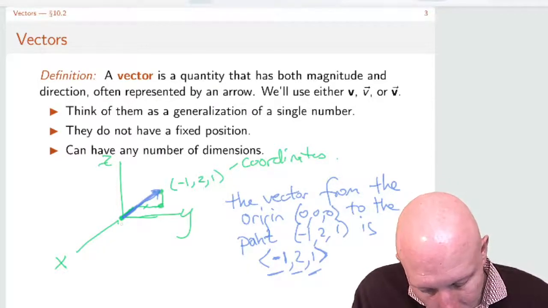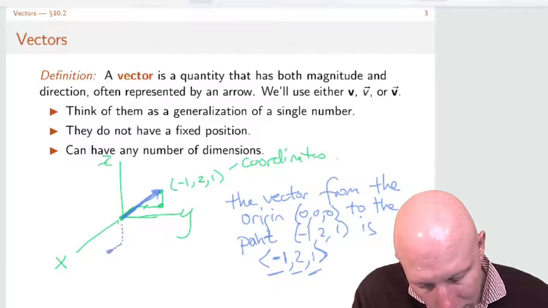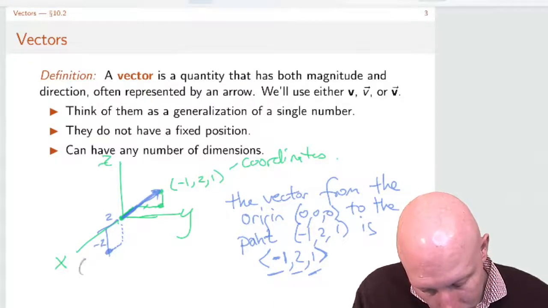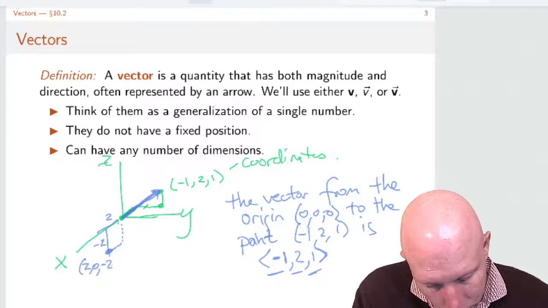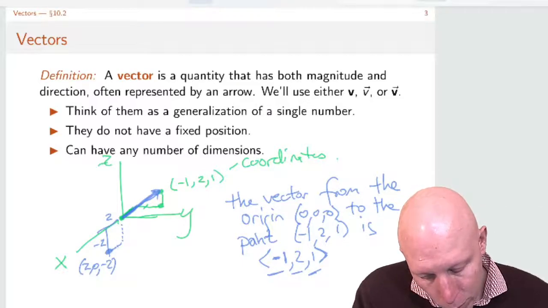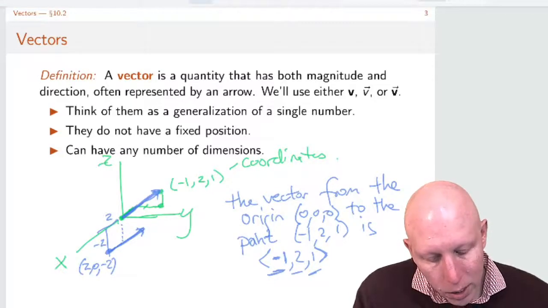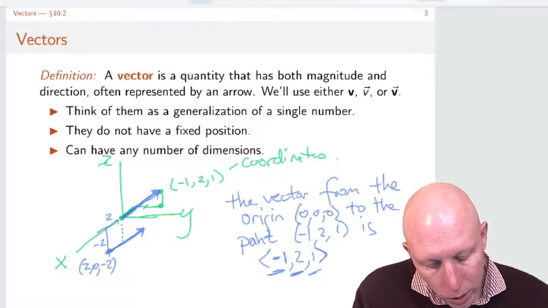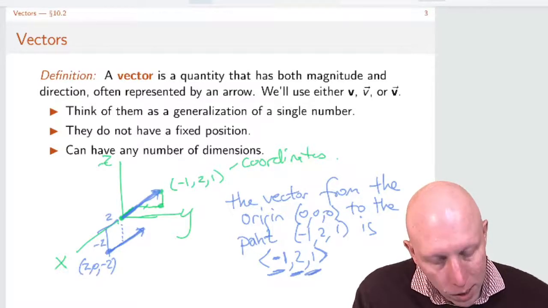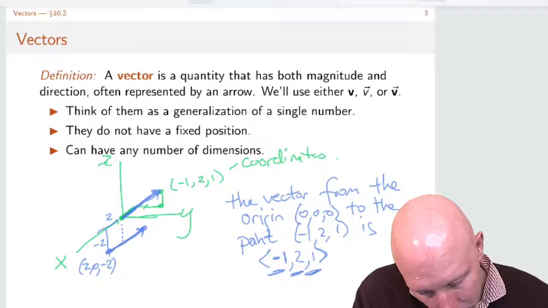And if we were to move this vector to start here, so it was going to start at 2, 0, -2, right? This is 2, 0, -2. And if we were to draw this same vector that goes -1 unit in the x direction, 2 units in the y direction, and 1 unit in the z direction, where do we end up?